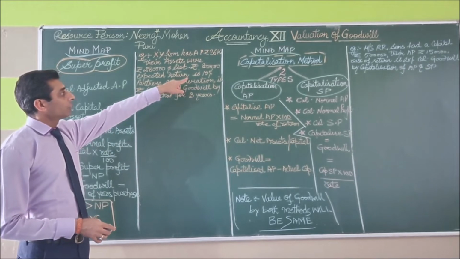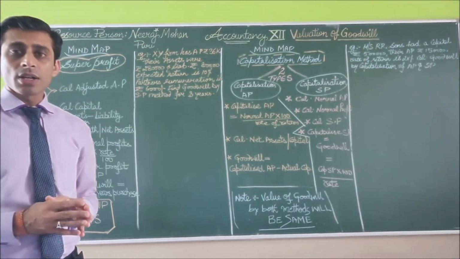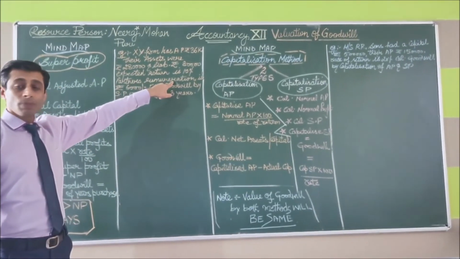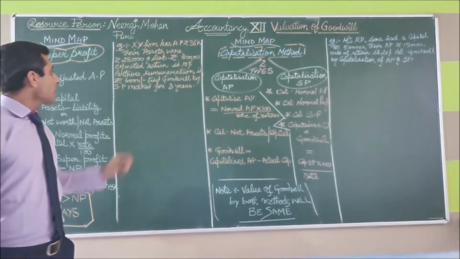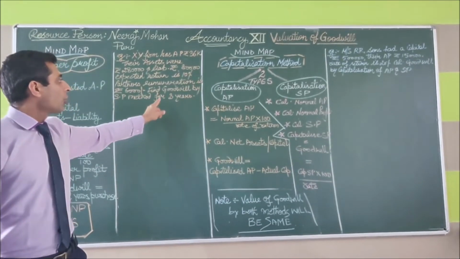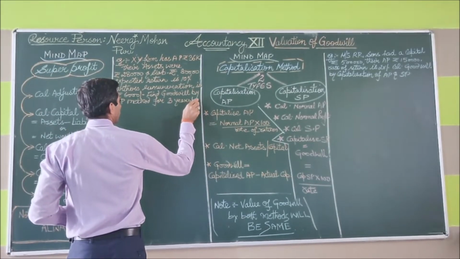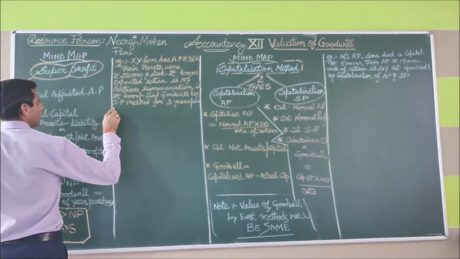Expected rate of return is 10%, and the remuneration for the partners is rupees 6,000. Remuneration means salary. We need to find the goodwill by super profit method for 3 years purchase. So let's begin.